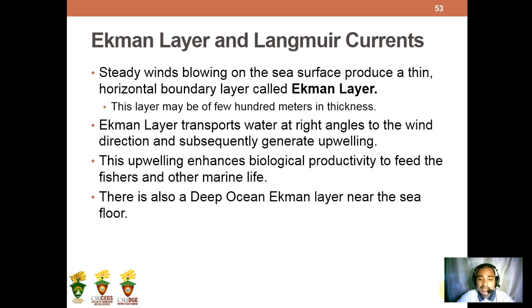So it is not only the Ekman layer that we see at the horizontal boundary, a thin layer at the ocean surface, but also there is what we call the deep ocean Ekman layer, which is down at the sea floor or ocean floor.